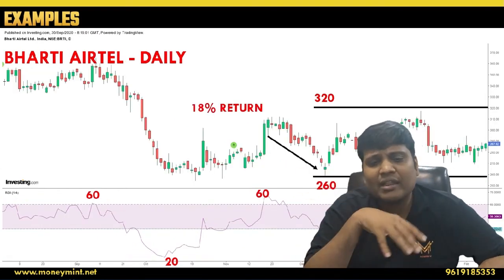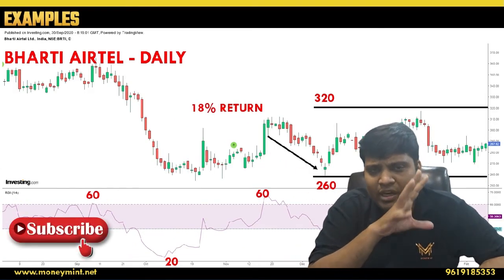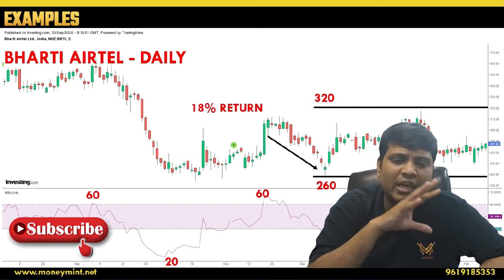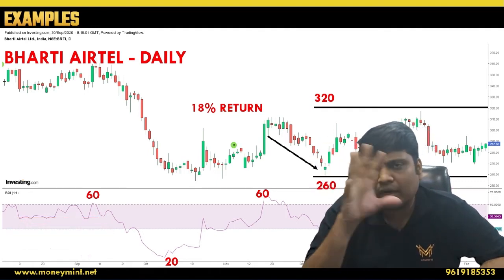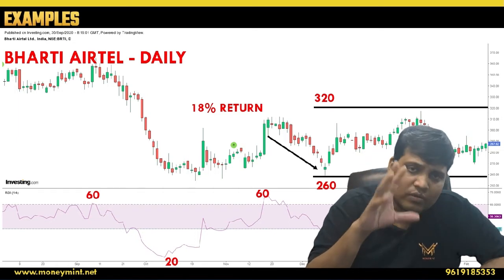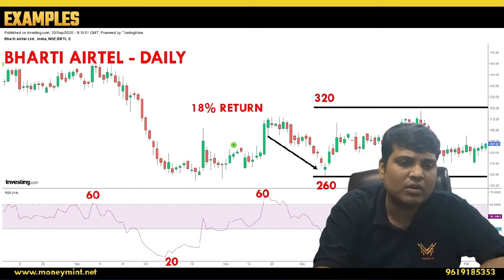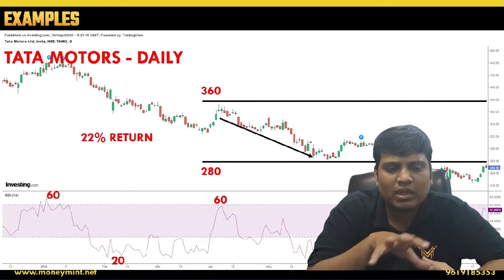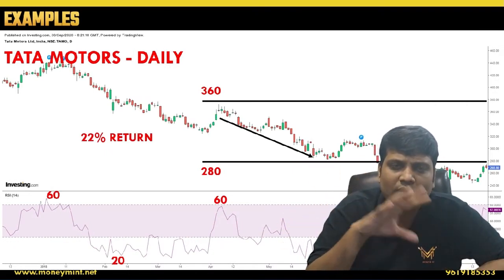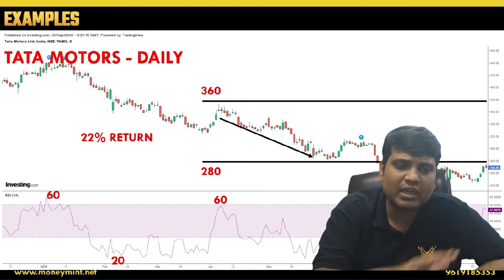Next example is Bharti Airtel. Again the market went down, a drastic fall till 20. Then after that it went towards the 60 level, and after that you will find a drastic fall again. Again you see Tata Motors, it heads from 60 to 20, then from 20 to 60, that was the best entry.